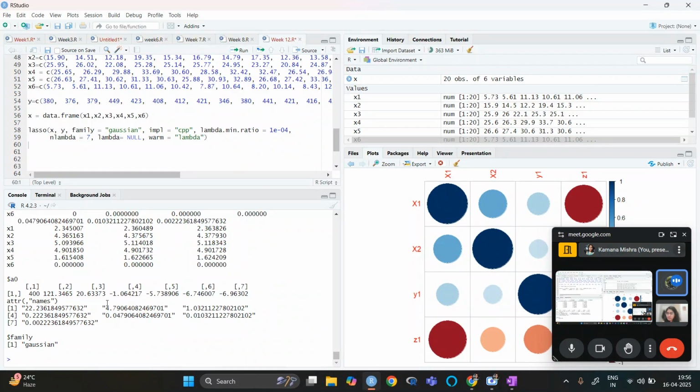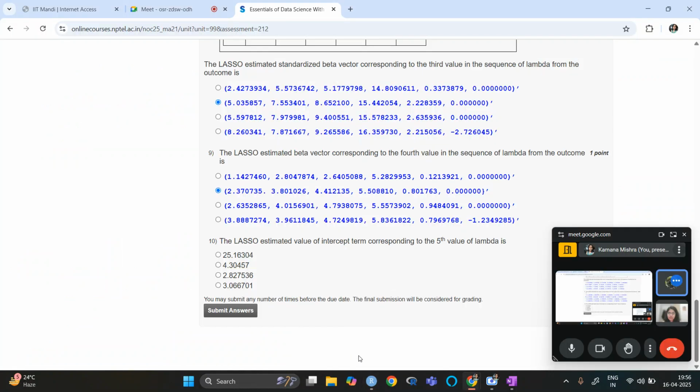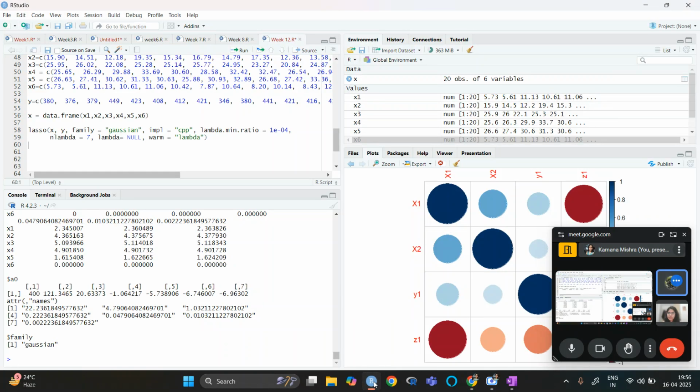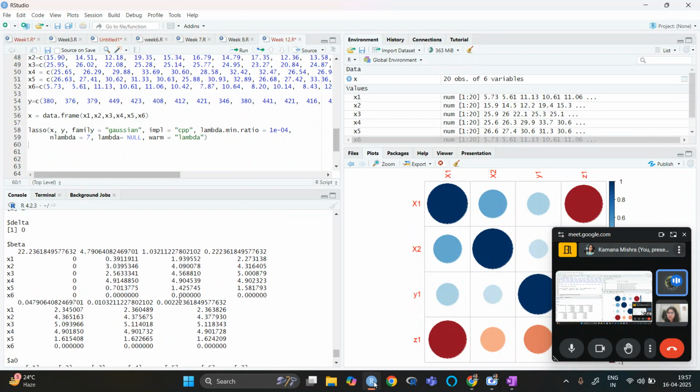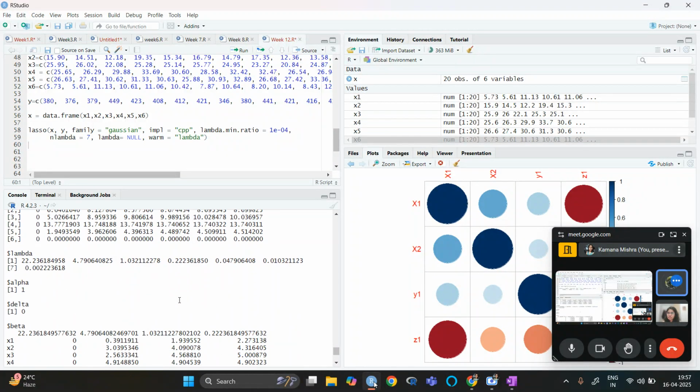That one is 5.03. The ninth one is 2.37. Last one, the value. No problem, ma'am. I will try to load this today. I didn't get time yesterday actually, so I will try to get it again.